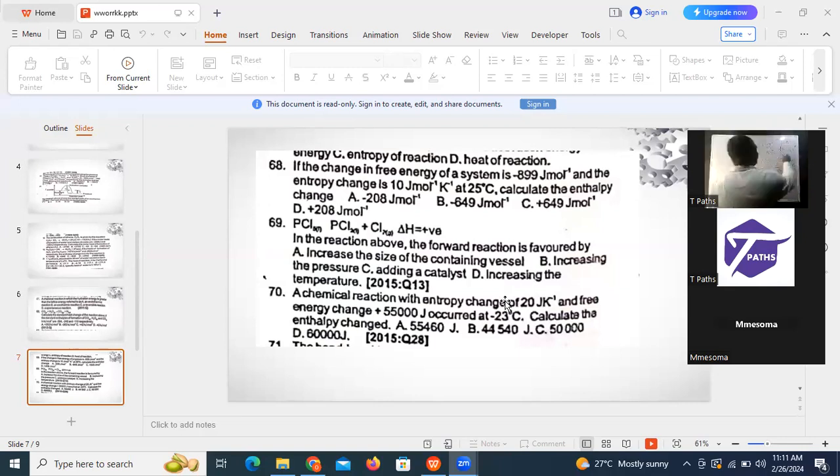Okay. Now practice 70. From the above, we can deduce that for an exothermic reaction, we learned that delta H of product is greater than delta H of reactant, while for endothermic reactions, delta H of reactant is greater than delta H of product.